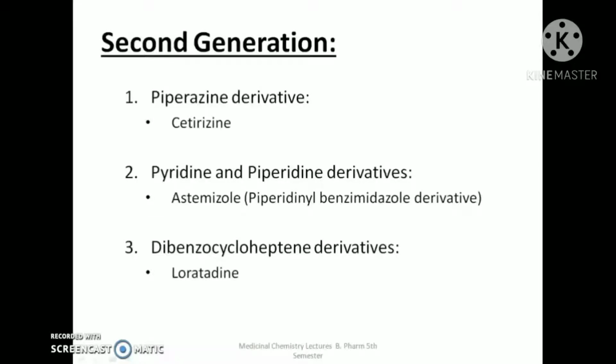And then there is entirely a third class of antihistamines, known as mast cell stabilizers or histamine release inhibitors. Example is cromolyn sodium. So that's all about the classification of antihistamines.